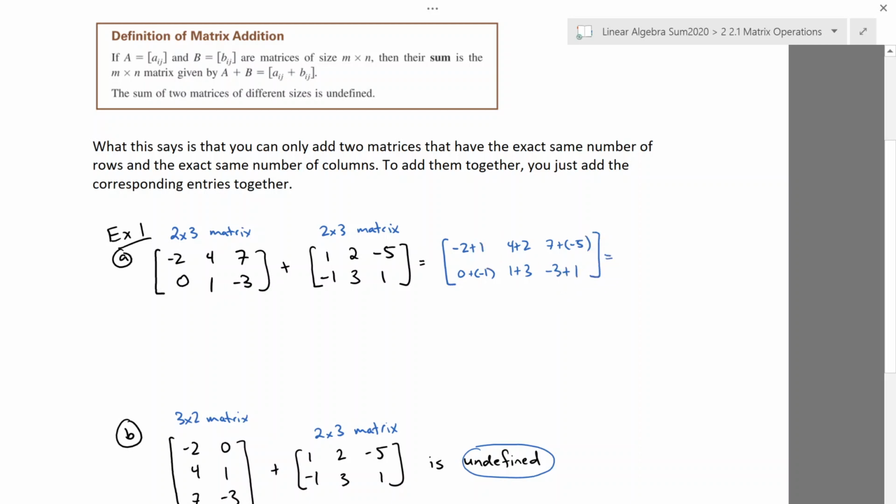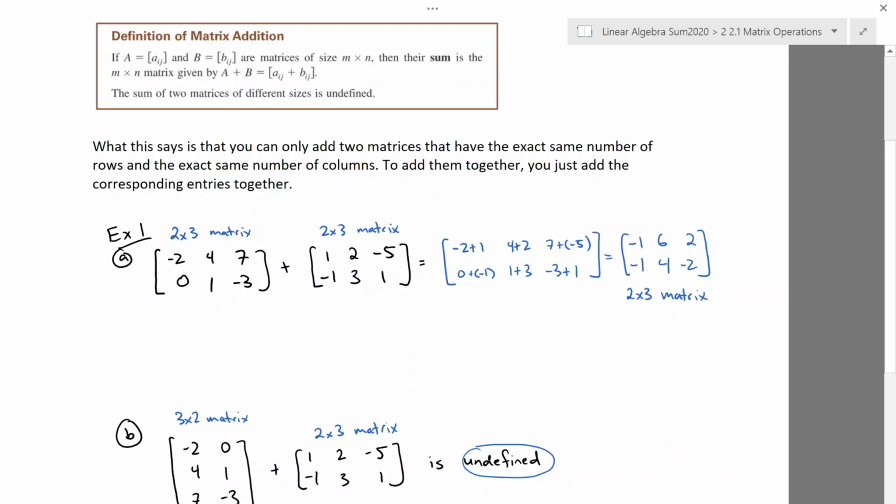And then you calculate the entries. So what do we get? So -1, and then 6, this is 2, this is -1, this is 4, and this is -2. And we see that the resulting matrix is the same size. This is also a 2 by 3 matrix.